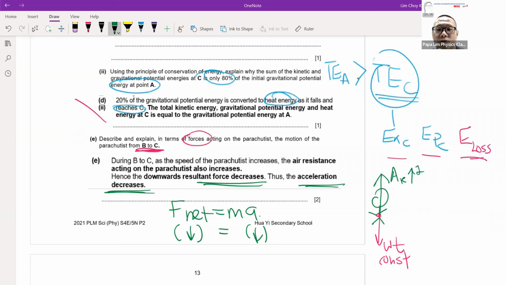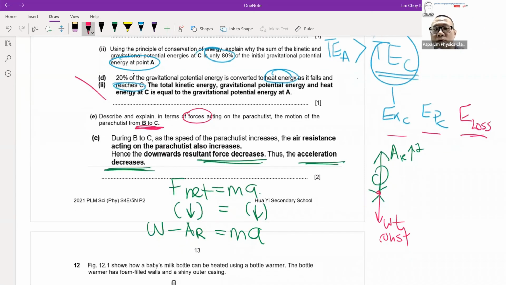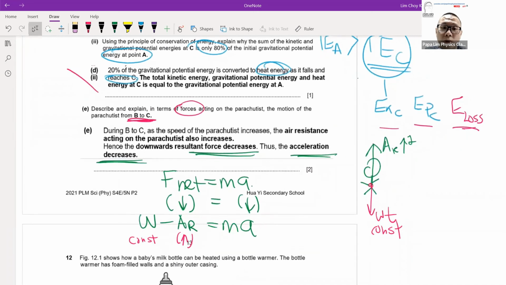My air resistance will actually be increasing. Net force is weight minus air resistance equals ma. As I fall from B to C, my weight is constant, but my air resistance is increasing, getting bigger and bigger. So the difference between them is getting smaller and smaller, which means the net force is decreasing.